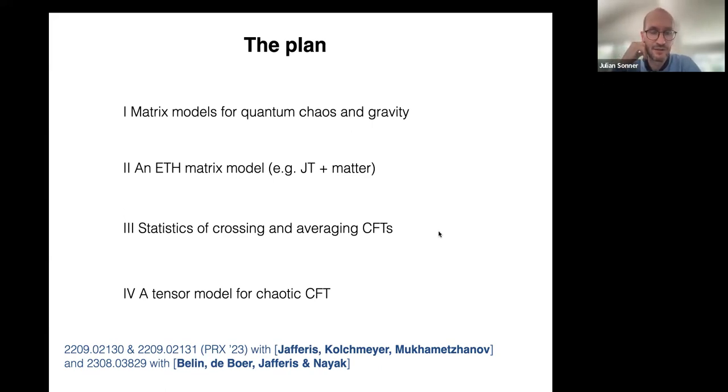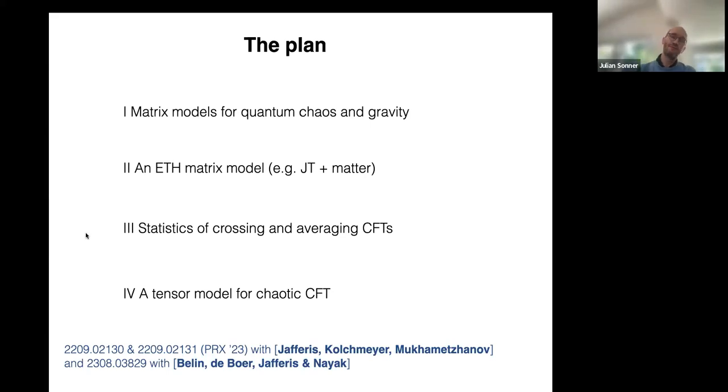A distilled version of the ideas is about to appear in PRX. And there is more recent work with Dan again, and with Alex Belin, Jan de Boer, and Pranjal Nayak. A lot of the things that I say here, I owe to my collaborators. It's really a very fruitful collaboration that I'm very happy about.